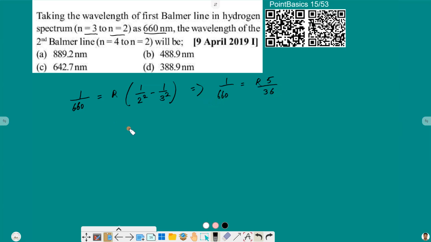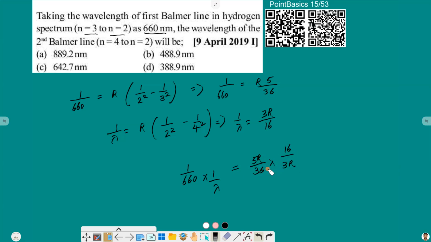Now for the second Balmer line, the expression will be 1 by lambda equals R into 1 by 2 square minus 1 by 4 square, and this will give us 1 by lambda equal to 3R by 16. Now if we divide both of these, then we get 1 by 660 divided by 1 by lambda is equal to 5R by 36 divided by 3R by 16.